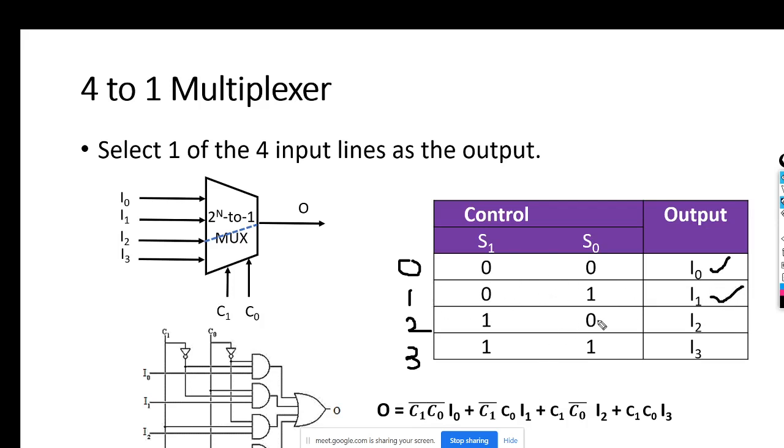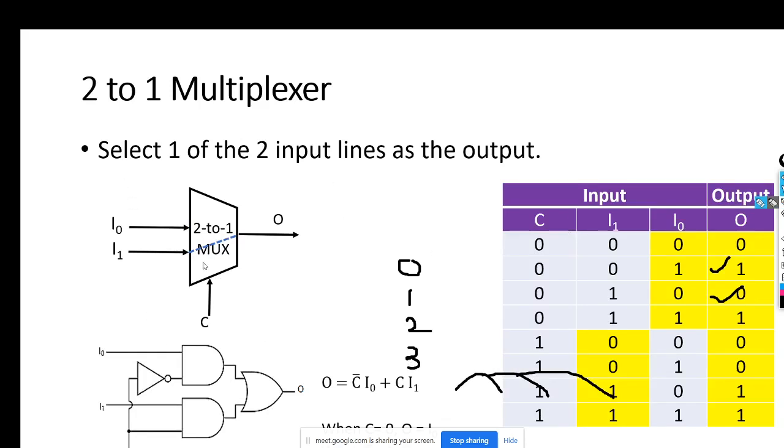When this is 2, that is S0 is 0 and S1 is 1, I2 is going to be the output. When both are 1, that is 3, your I3 is going to be the output. You can always double check by substituting into this formula. Anyway, you don't have to memorize. Just understanding 2 to 1 is enough, because then you know that I can extend that to 4 to 1, 8 to 1, etc.